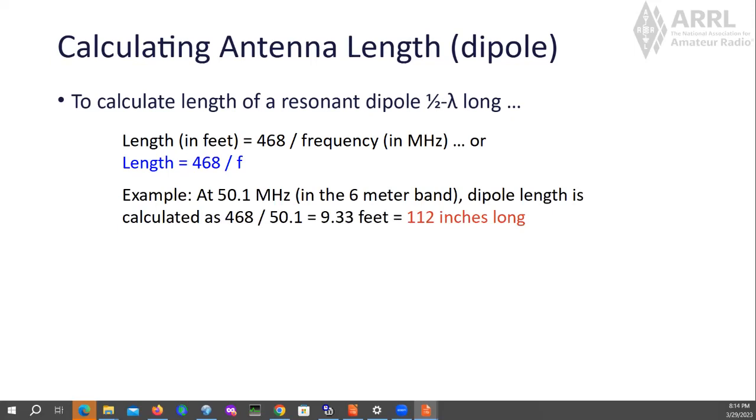Example, at 50.1 megahertz in the 6-meter band, the dipole length is calculated as 468 divided by 50.1 is 9.33 feet, equals 112 inches long, which is approximately 3 meters.